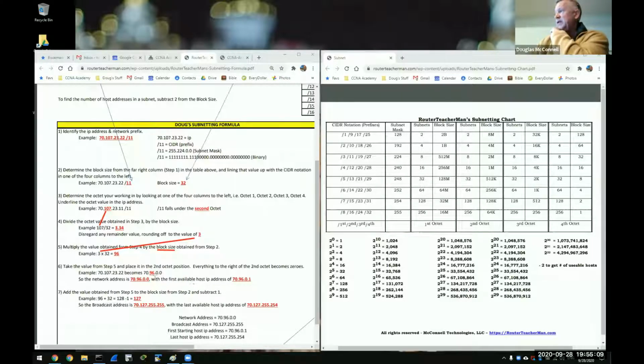So I take this value, 96, and I insert it into the second octet of my IP address, this octet right here.